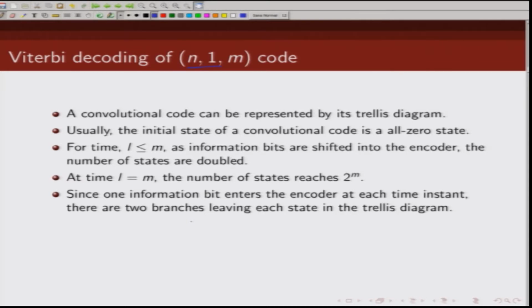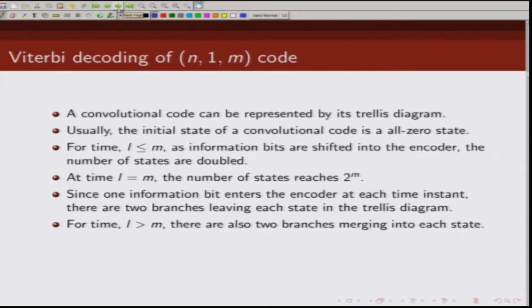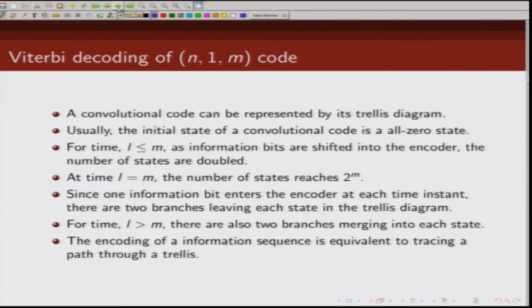So, in our trellis diagram we will see that there are 2 branches leaving each state. Now, what happens when the time instance is more than the memory order? We will see that 2 branches are merging into each state, and encoding of information sequence can be considered as if we are tracing a path through this trellis. So, any path through this trellis is a valid code word.